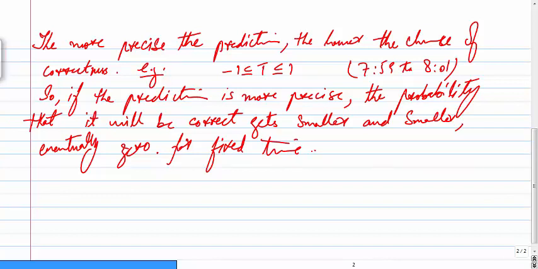So this means that at a fixed point in the continuous case, the probability is 0.